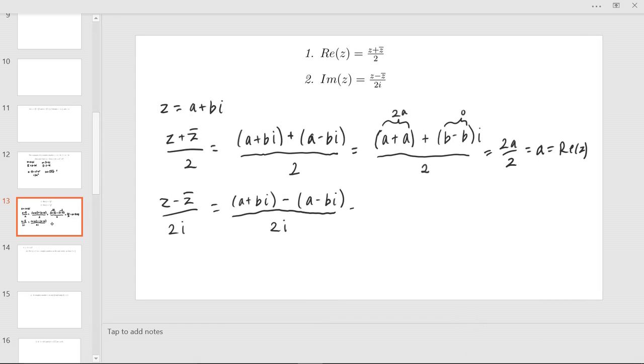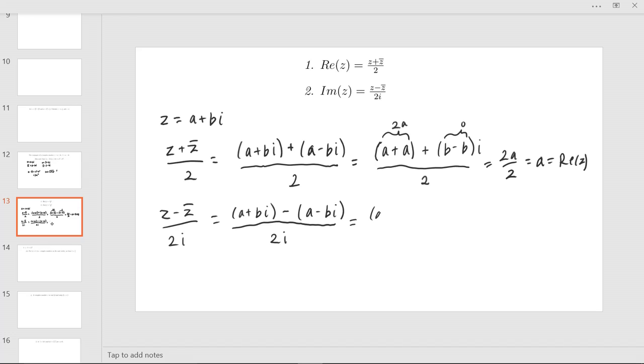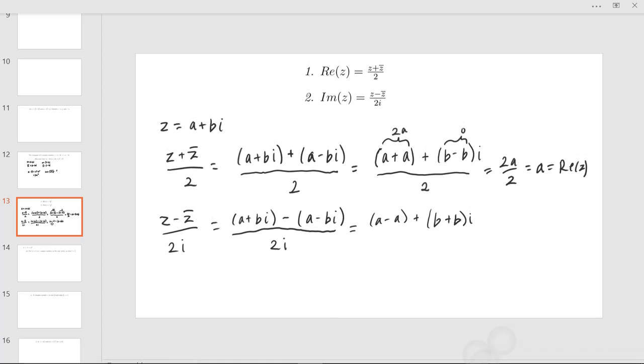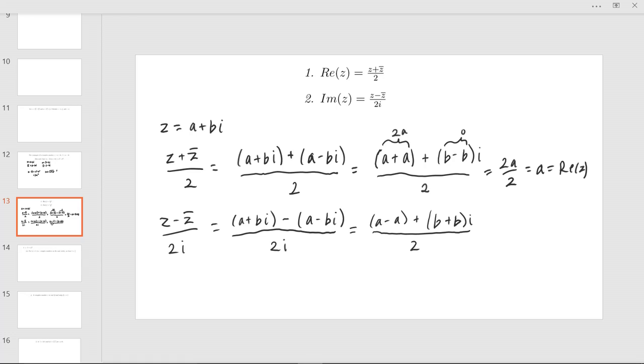This is equal to a minus a plus b minus negative b, which is just 2b, times i, over 2i. This part is 0, and this part is 2b. So this is equal to 2bi over 2i. The 2i cancels with the 2i in the denominator. We get b, which by definition is the imaginary part of z.